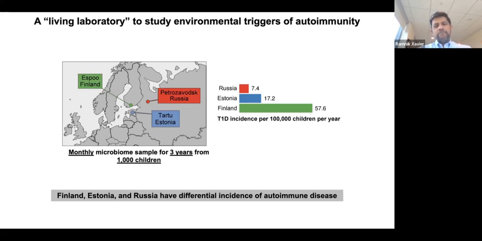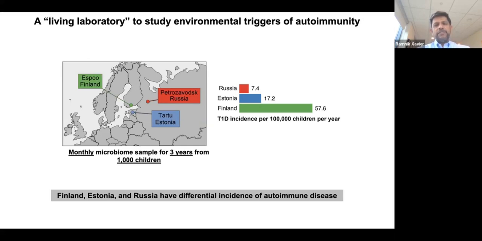And the reason we wanted to study this group was, as you can see from this slide, the incidence of type 1 diabetes in kids born in Finland is sky high. So could we use a living laboratory to identify whether there were external factors, in this case the microbiome, and the risk of disease?